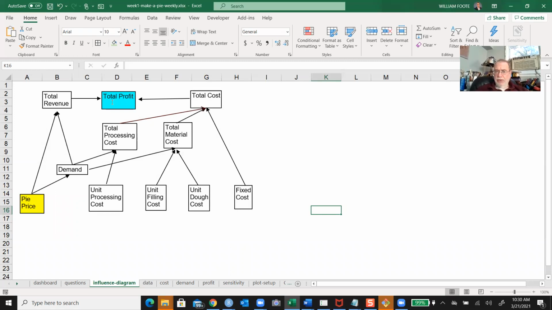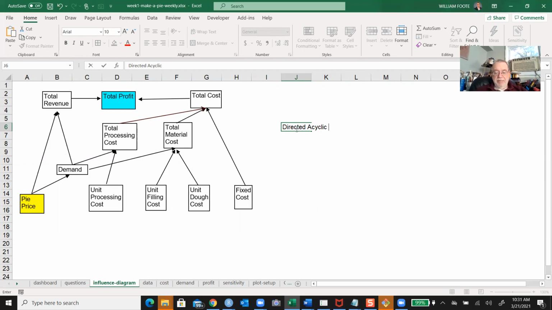This is what is called an influence diagram, which is a generalization of decision trees, and is an example of what is known as a directed, that's the arrows, acyclic, it allows for cycles or not, graph.